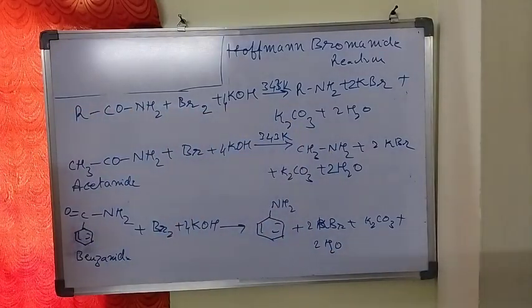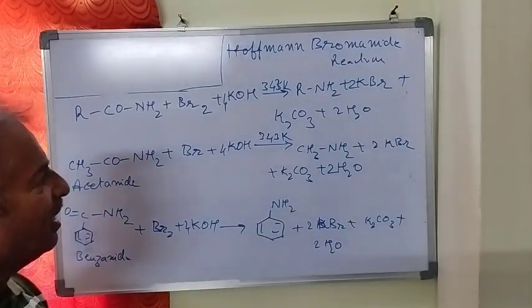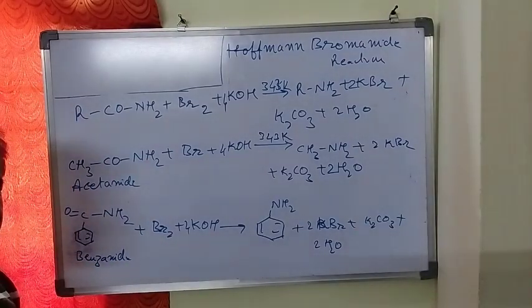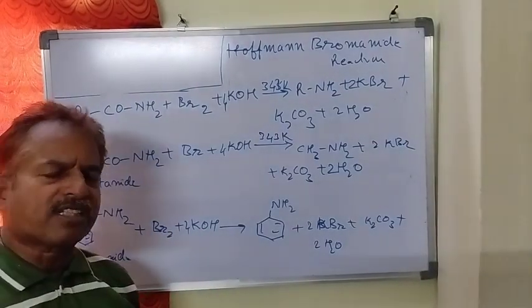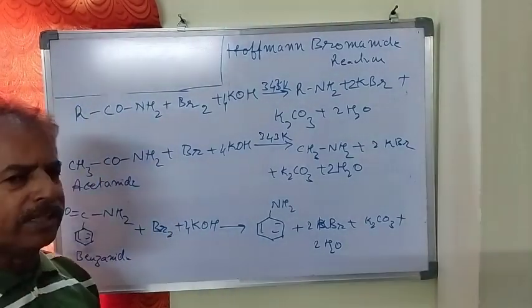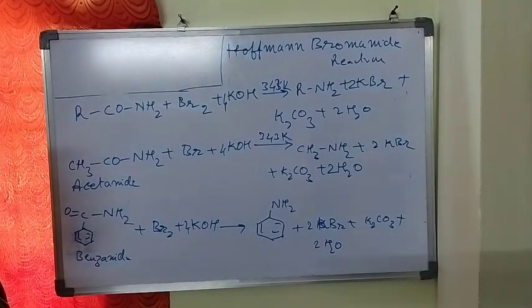So in the Hoffmann bromamide reaction also we get primary amines. So these three reactions, that is ammonolysis, Gabriel phthalimide synthesis and Hoffmann bromamide reaction, in all of these the amine is the product.